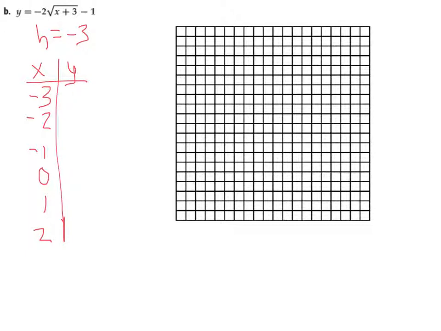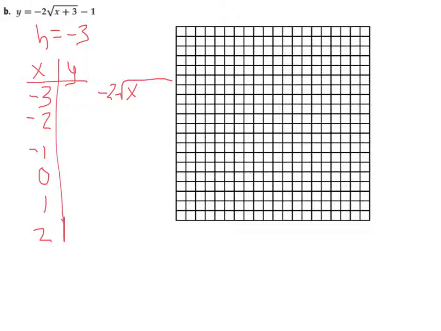So then we're going to need to plug these values in. So it's going to look like this. We're going to have -2 square root of x. Well, we're replacing our x now. So instead of x, we're going to be plugging in that -3.